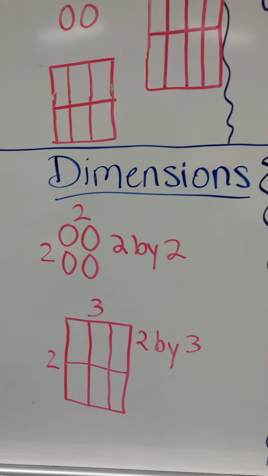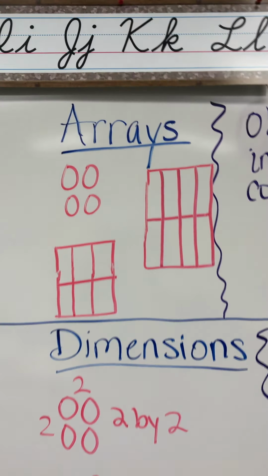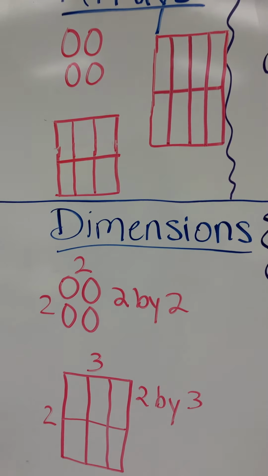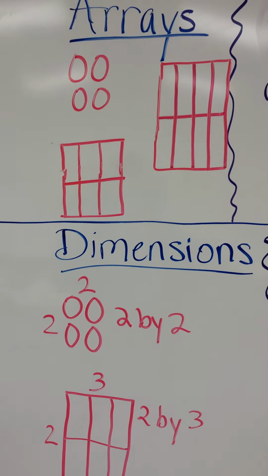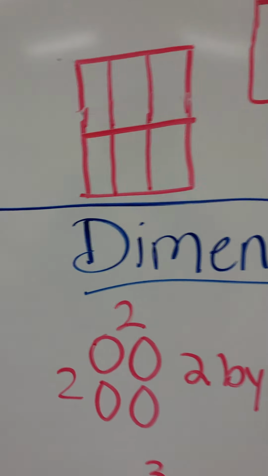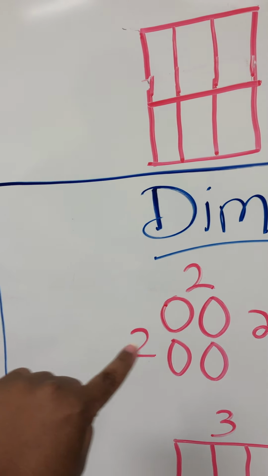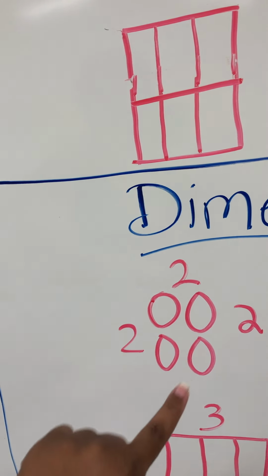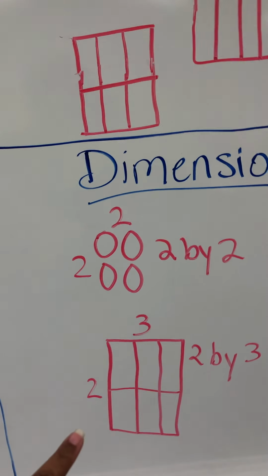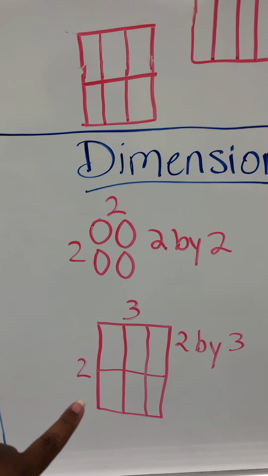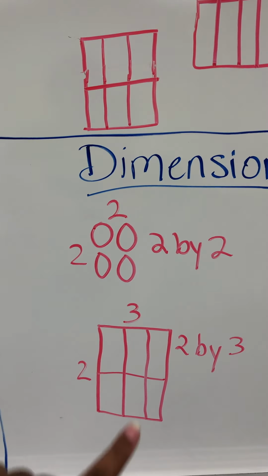So these are the same drawings from above. You have your arrays, but I've labeled the dimensions in terms of rows and columns. Like I said before, this is a picture of a 2 by 2 array. I have 2 rows and I have 2 columns. Down below, again, I still have 2 rows, but now I have 3 columns.